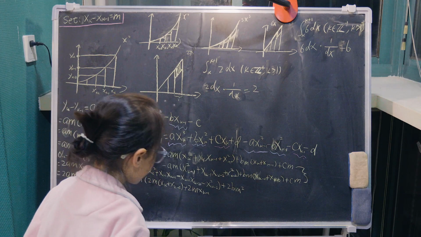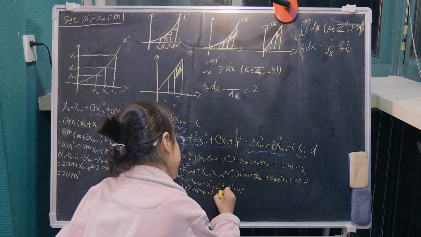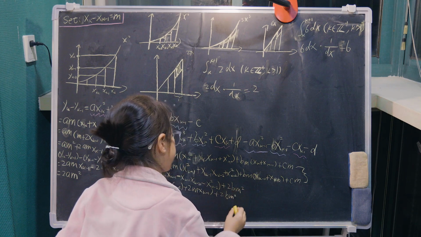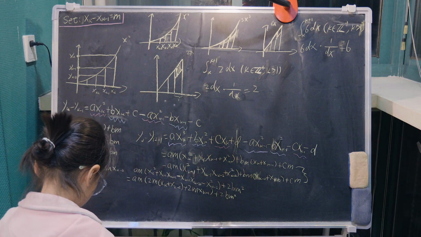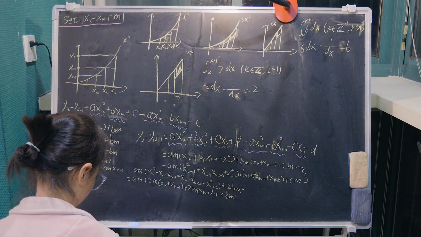And then plus 2bm squared. So now we multiply it out.